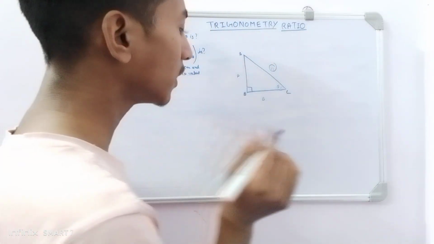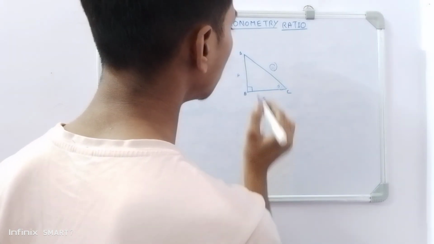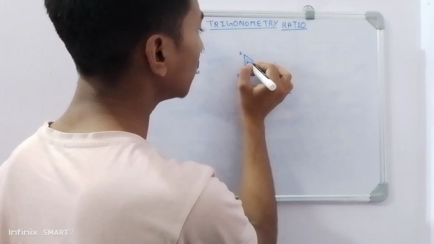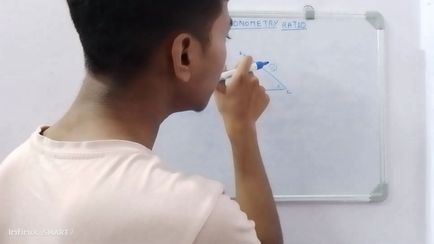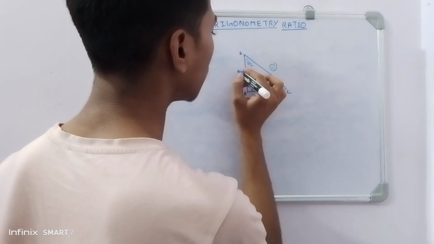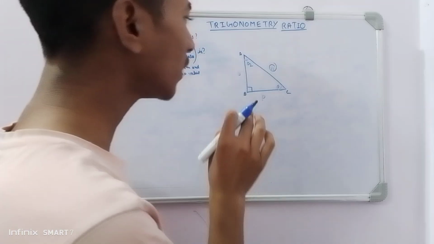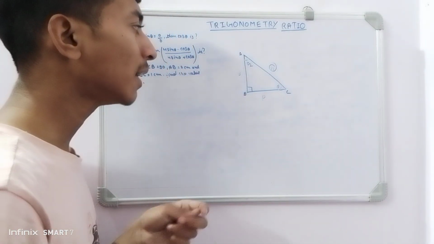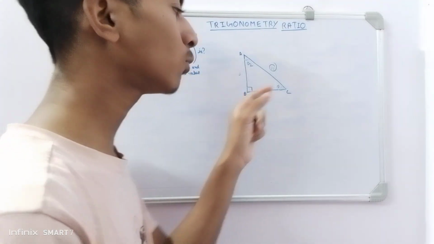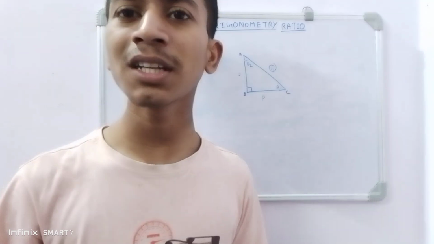Relative to another angle, let's suppose this is theta 1 and this other angle is theta 2, in relation to this one it becomes the base and it becomes the perpendicular. So from here you get to know that base and perpendicular are described relative to theta.